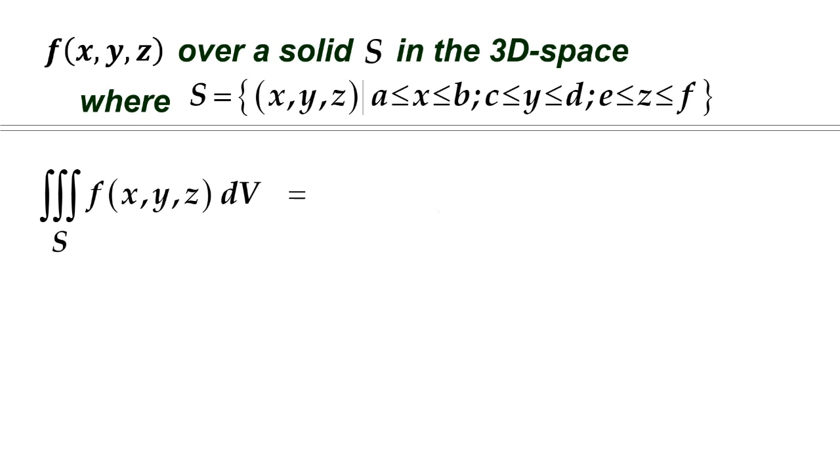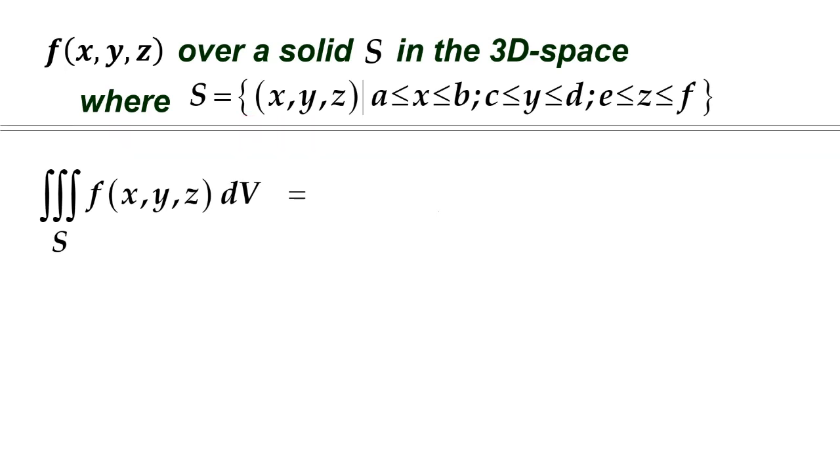Now let us first look at the triple integral of the function f of x, y, z over a rectangular solid, defined by the solid S, which is the set of all points x, y, z where x is from a to b, y is from c to d, and z is from e to f.